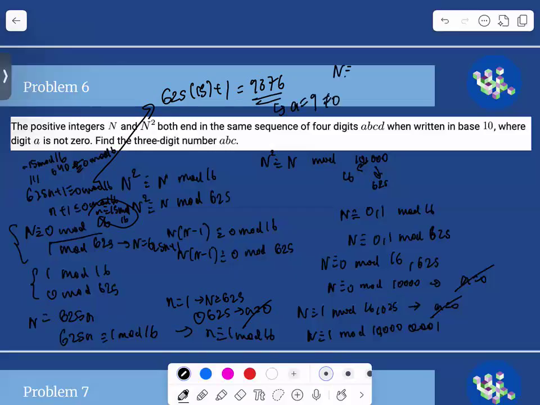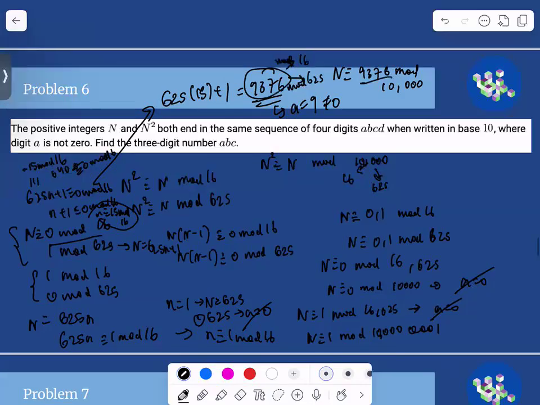And so you would end up getting that n is congruent to 9,376 mod 10,000. If you check, you would get that it's congruent to this mod both 16 and 625. And so thus it's congruent to 9,376 mod 10,000, thus a is 9. And so ABC, the first three digits of what you get when you take mod 10,000, would just be 937, because we're asking for ABC, which is these first three digits.